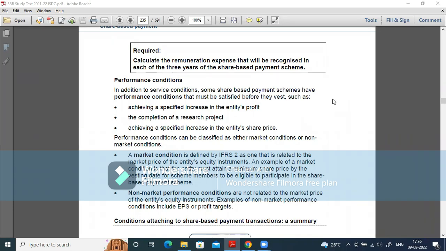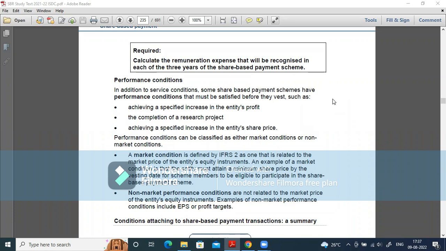When X Limited issued shares to the employees, the condition is that in order to exercise that particular share option, the share price should be at least a specific price. Here the condition is $5 per share. This is known as a market-based condition.